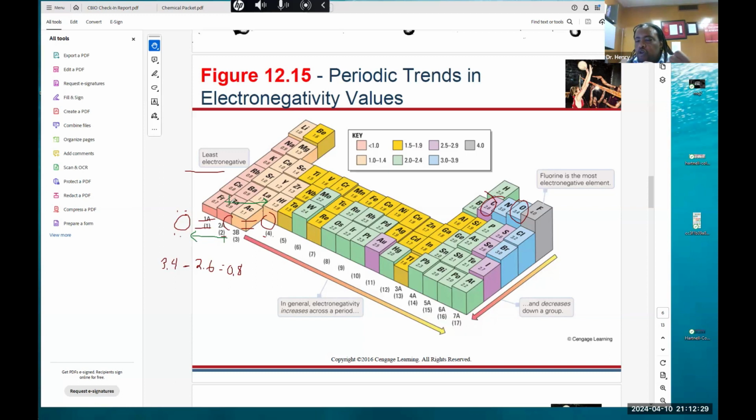Have you guys ever played tug of war? Yes. If both sides pull exactly the same, is the tie in the middle going to move in any direction towards one or the other? No. So in that case, the molecule itself is going to be nonpolar. So this would be a nonpolar molecule.